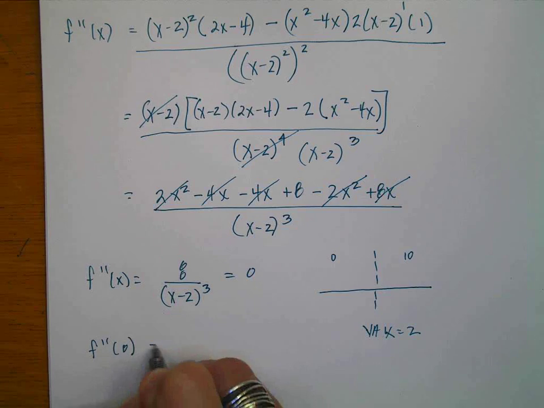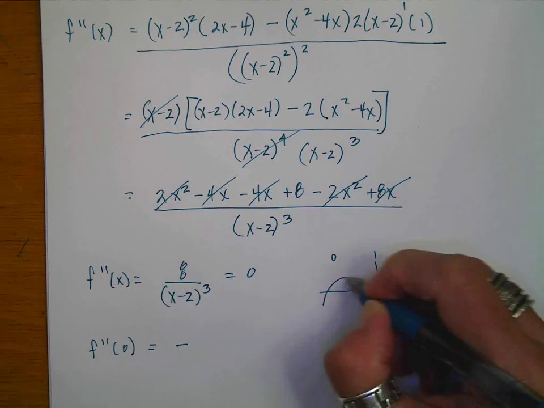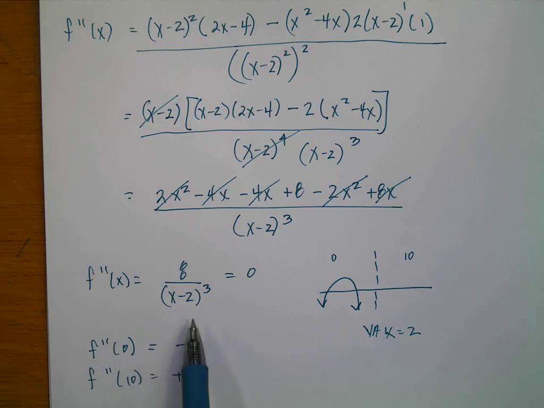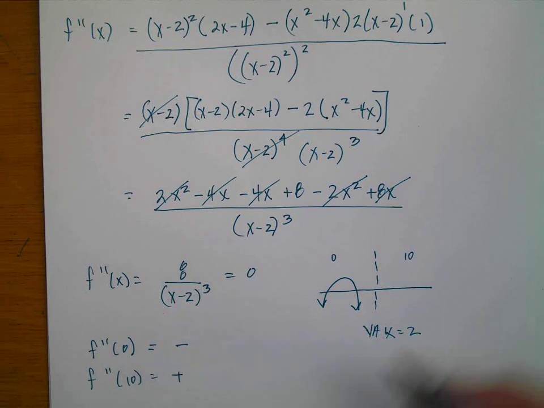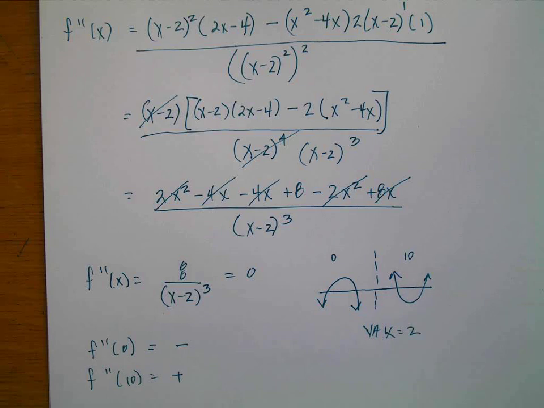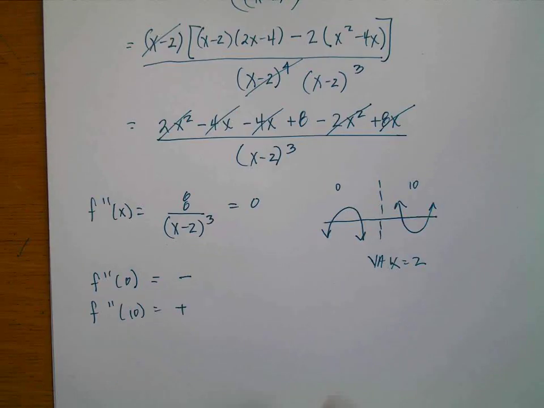So f double prime of 0 is going to be negative, which means it's concave down. And f double prime of 10 is positive. And again, I'm evaluating this in this function. And f of 10 is positive, which means it is concave up.